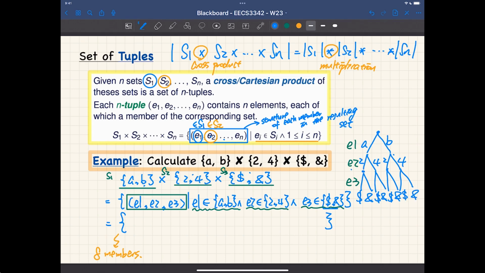And now, how do I systematically enumerate them? Think about the path from root to the leaf. A2 dollar will be 1. A4, oh, sorry. You got to be very careful, actually. A2 $n% will be 1, right? And etc.